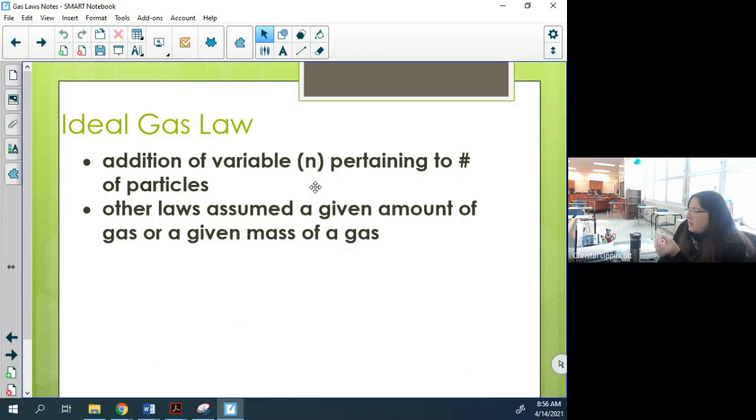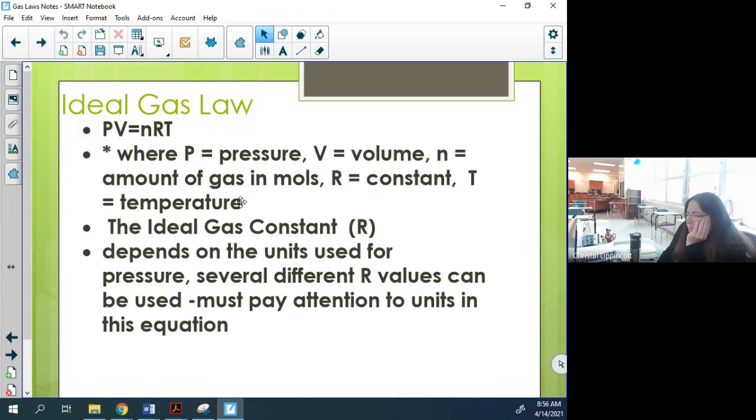You're going to see that in Faraday's law when we look at moles of electrons being used to generate current through a battery. So that's talking about moles of particles. The other gas laws just assumed that you have a given amount of gas and went with that, so that was kind of a weakness on their part.